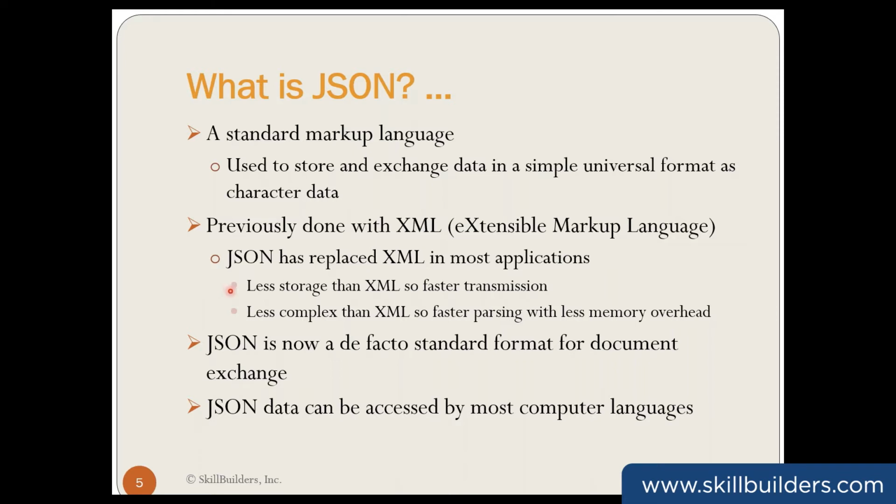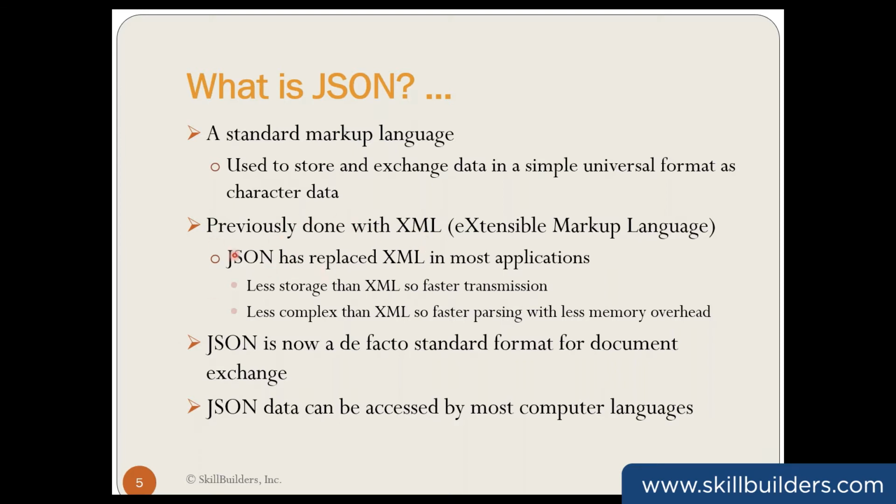That's reason number one. Reason number two is JSON is a lot less complex than XML. Because it's less complex, it's faster parsing. If you're going to drill down and find something, you can find it a lot faster, and it takes less memory overhead. So it's going to be more efficient than XML. So JSON is the standard, and we call it now the de facto standard for document exchange.